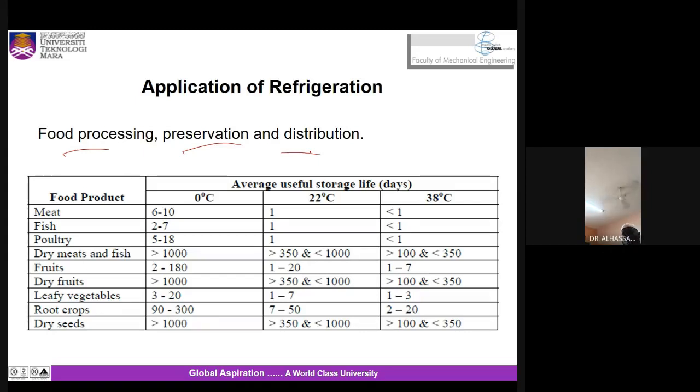So in our big malls, in cold stores, where they have ice blocks, for let's say pharmaceutical companies, or the fish industries, all these applications can be found in the fish industry, poultry, fruit, dairy, and so on and so forth. The temperature range for each is given like this.